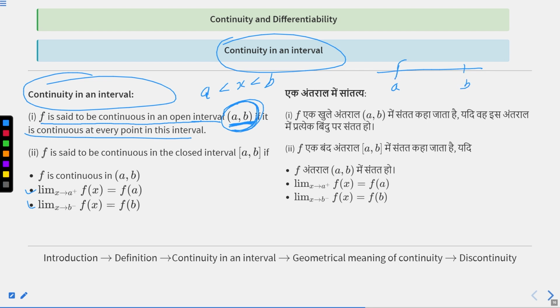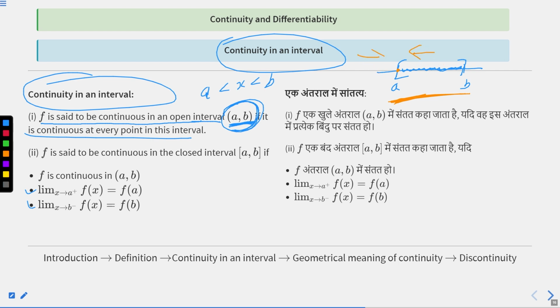We showed that my function is continuous inside it. This is the only domain. This means continuity only works when we are talking about the domain. Then a is also in the domain. So how do we check the continuity at this point a? Quite simple. We can only verify the continuity if we approach a from the right hand side.